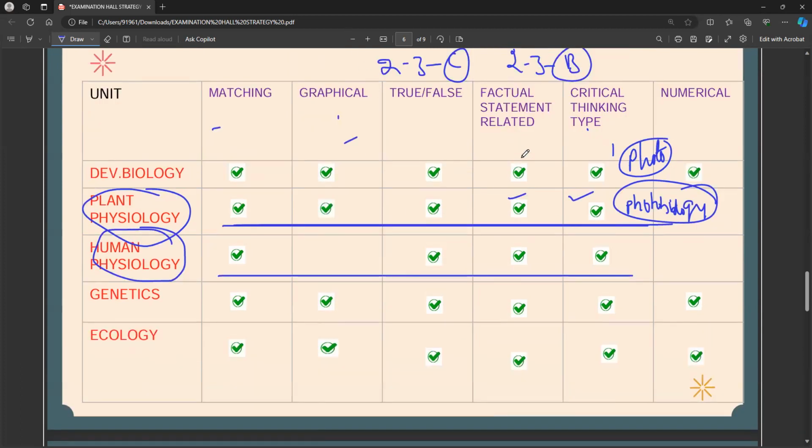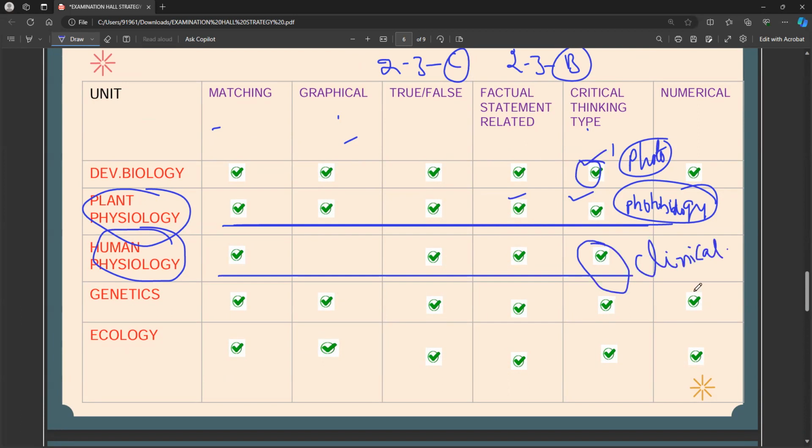Now, you remember I told you there is no question paper without a critical thinking type of question from developmental biology. In the same way, there is no question paper without clinical-based questions. What is the meaning of a clinical-based question? It is all about situations.